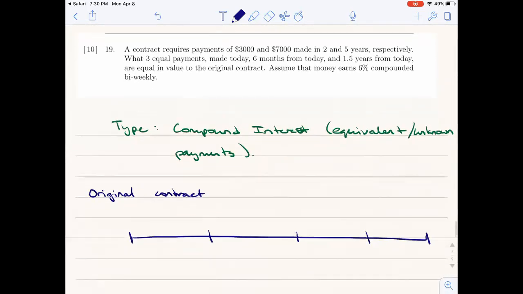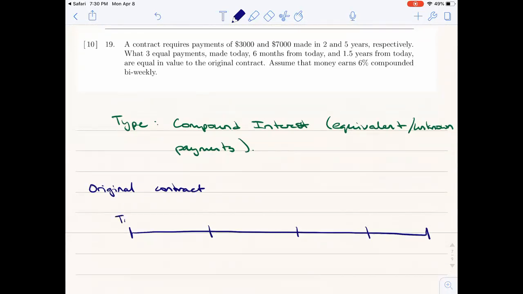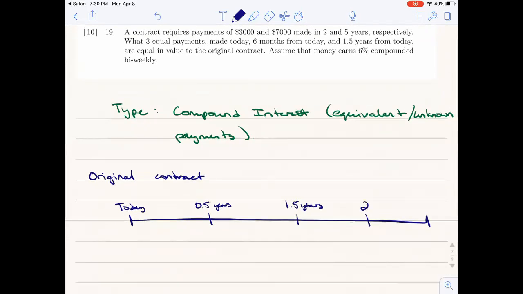And in order, I've got today, 0.5 years, right? Converting 6 months to just half a year, and then 1.5 years, 2 years, and 5 years.